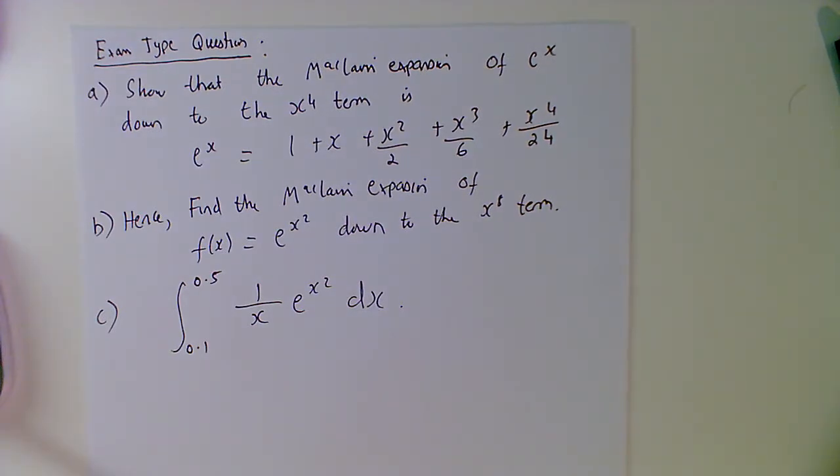So show the Maclaurin expansion of e to the power of x down to the x to the power of 4 term as 1 plus x squared over 2 plus x cubed over 6 plus x to the power of 4 over 24. Then, hence find the Maclaurin expansion down to the x to the power of 8 term for f of x equals x squared.